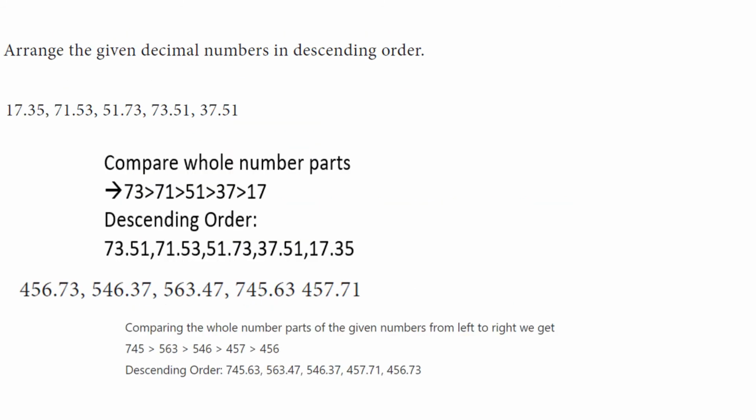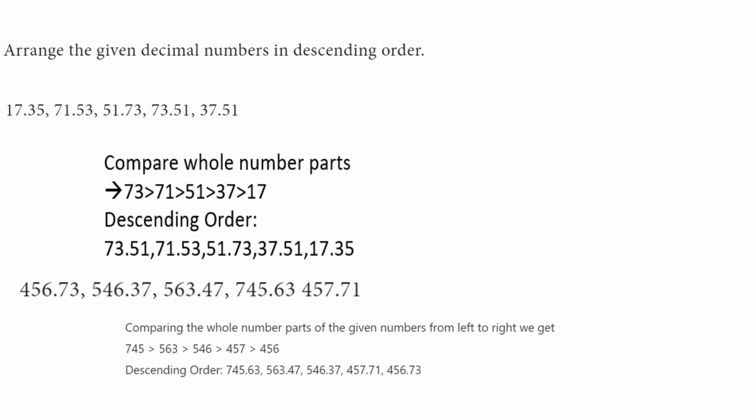Arrange the given decimal numbers in descending order, big to small. So 17.35, 71.53, 51.73, 73.51, 37.51. First you compare the whole number part. Which one is greater? 73 first, second 71 and 51, after 37 and 17.